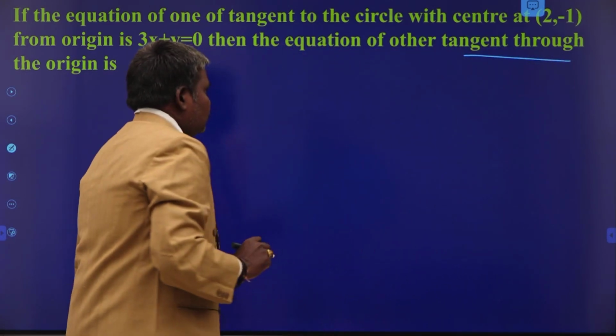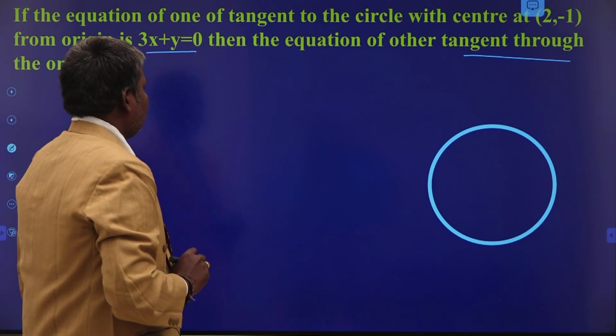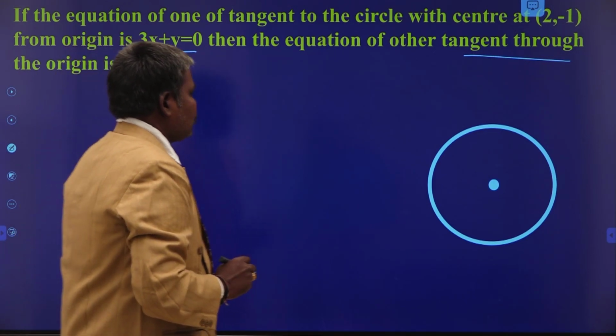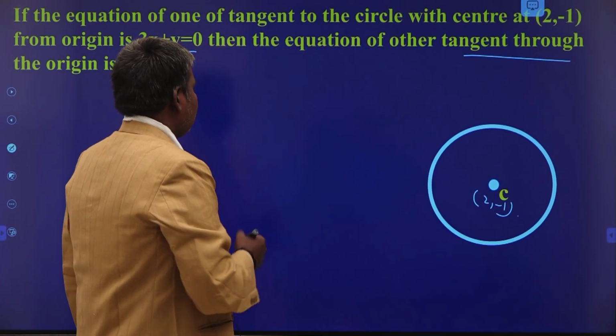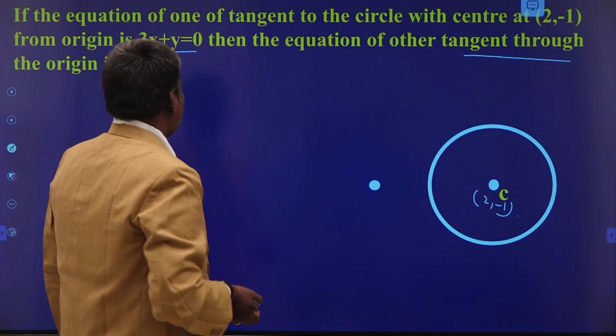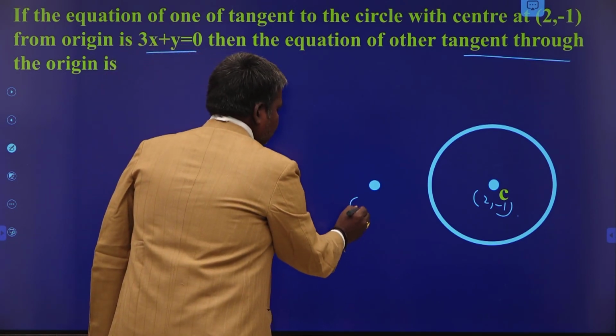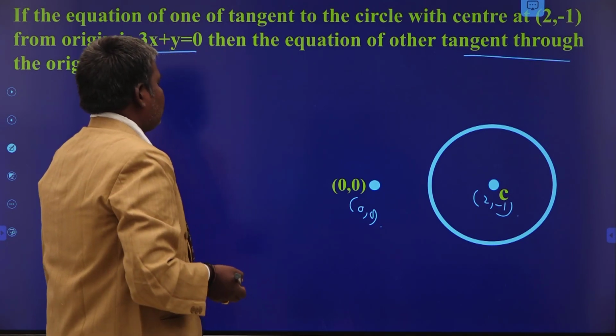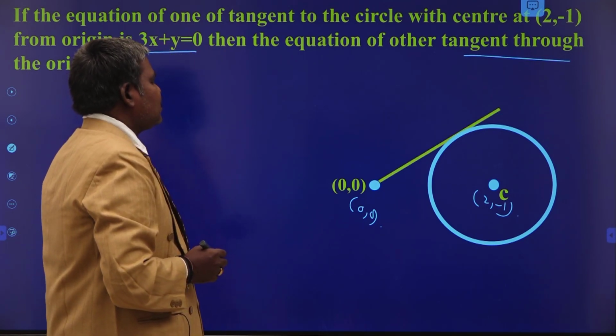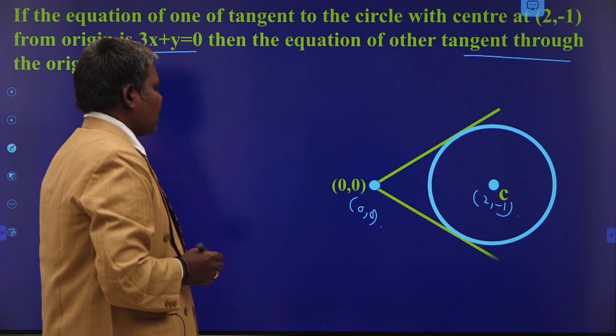See here, this is the circle. This is the center of the circle, 2 comma minus 1. The origin is your point which is outside of the circle. This is the origin, O(0, 0). Now, tangents are drawn from the origin to the circle.